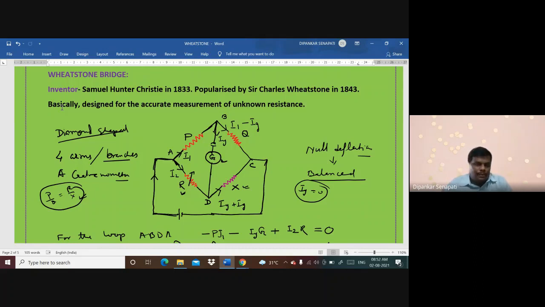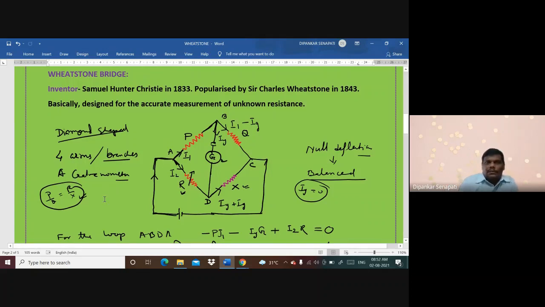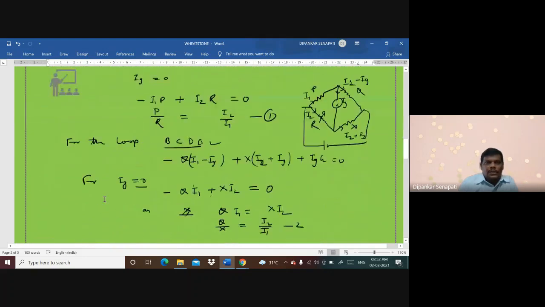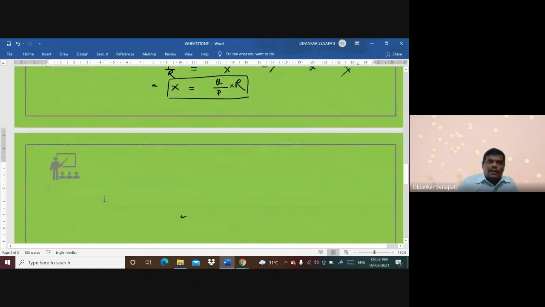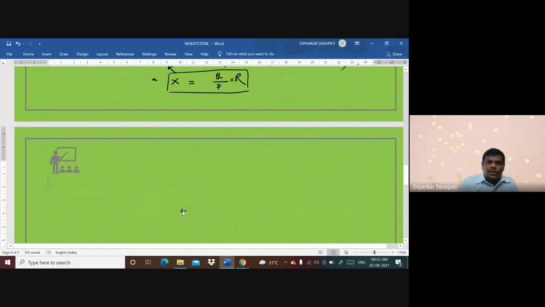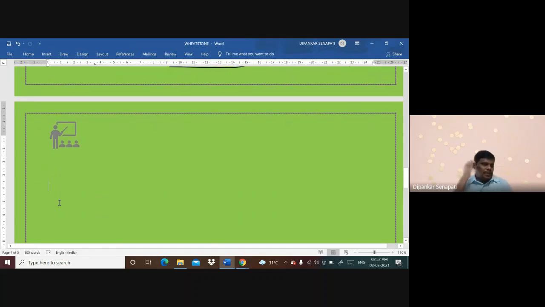There is no problem. So this is the Wheatstone bridge, and it can easily be used to find the resistance of a conductor. Suppose the resistance of a wire, we can find it. We just have to connect the unknown resistance in place of this X.